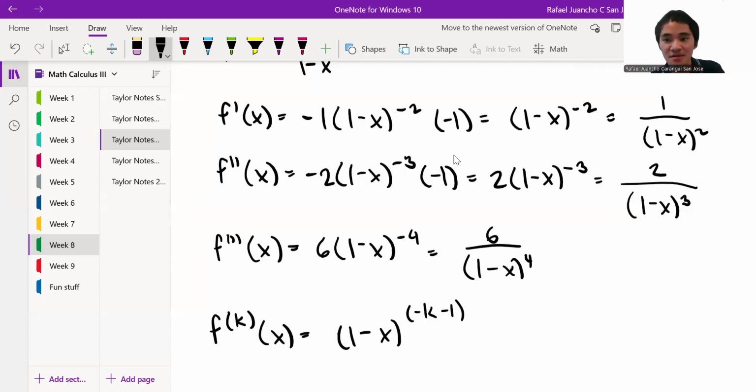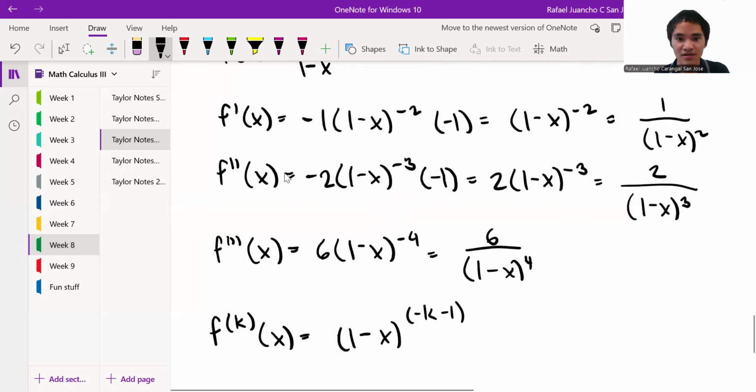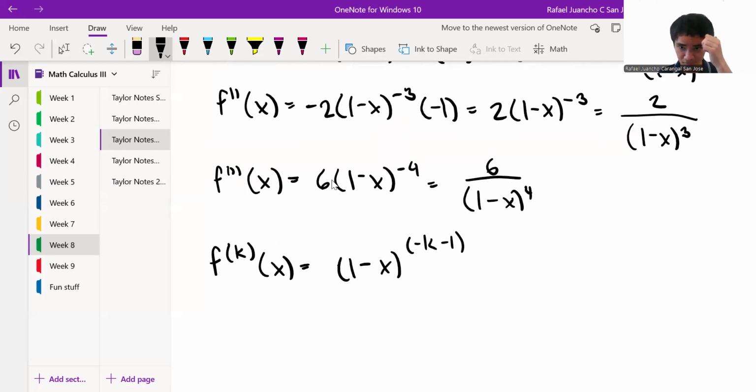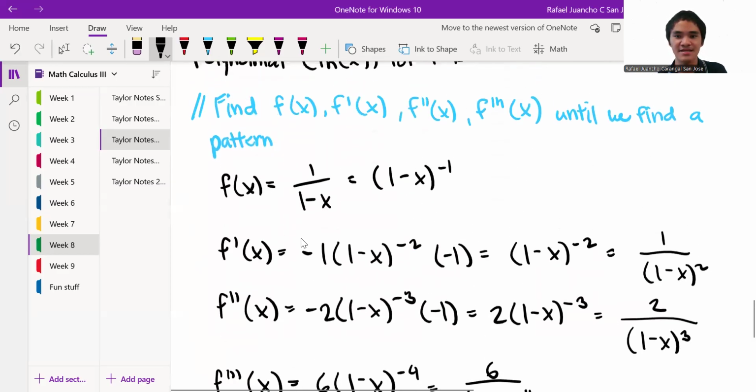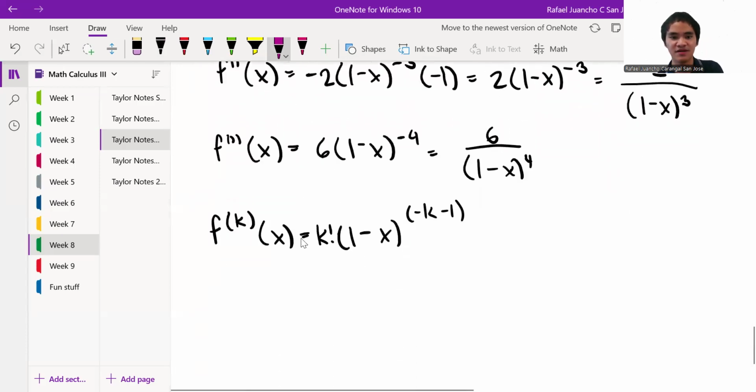Oh, it's a factorial. 1 factorial is 1. 2 factorial is 2 times 1, 2. 3 factorial is 3 times 2 times 1, 6. So that means k factorial, right? And that's the pattern that we want to find.